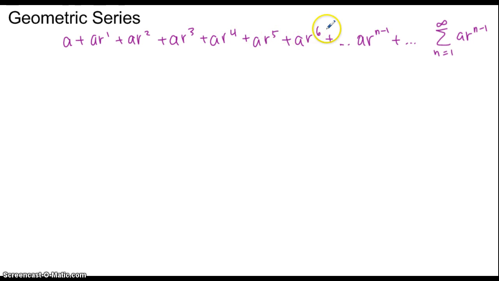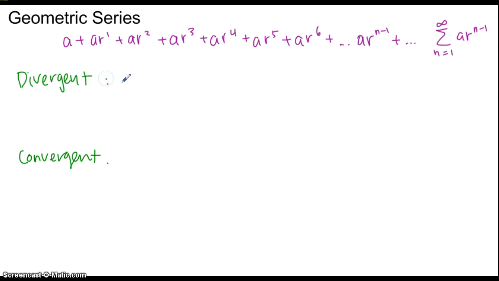So these exponents are what's increasing with every term in the sequence. A geometric series is really nice because it's very easy to tell if it's divergent or convergent, and if it's convergent, I can actually find out what it adds up to be.